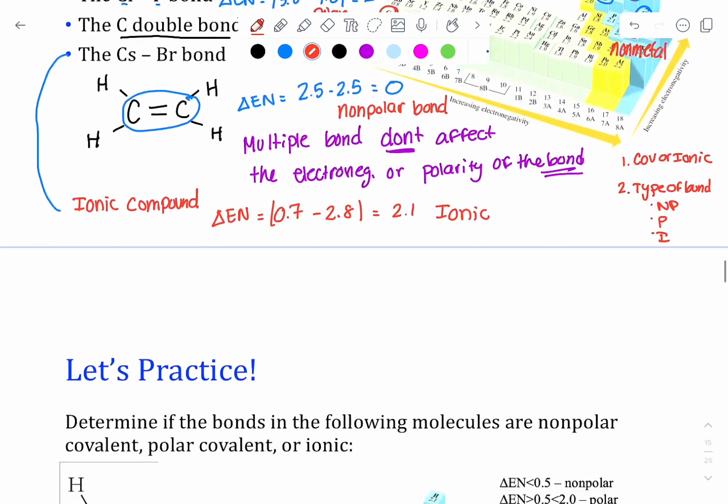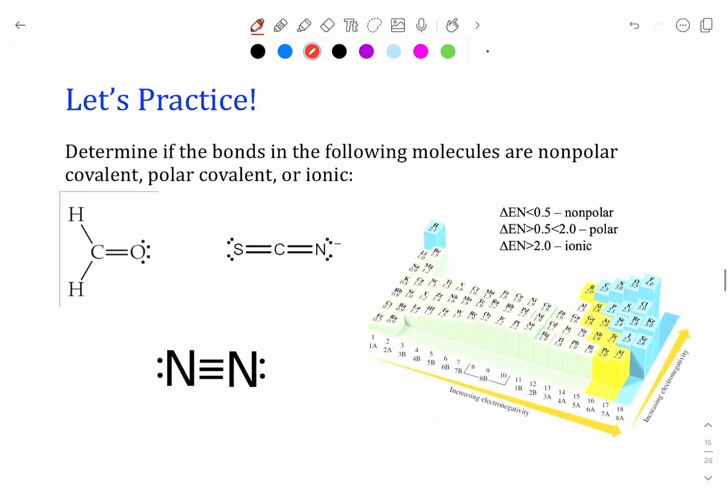Okay, let's practice a few more. Here we have the structures given to us, and we have to determine if the bonds are polar, nonpolar, or ionic, but we have to do it for each type of bond. In our previous example, we really only looked at one atom bonded to another. We looked at diatomics, or we didn't look at an entire molecule.